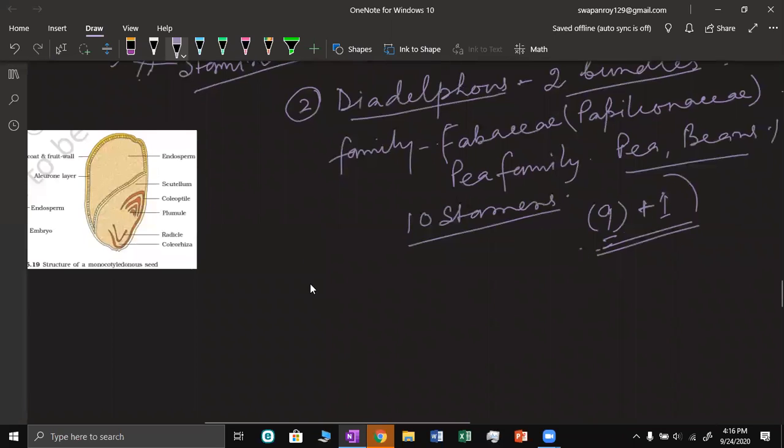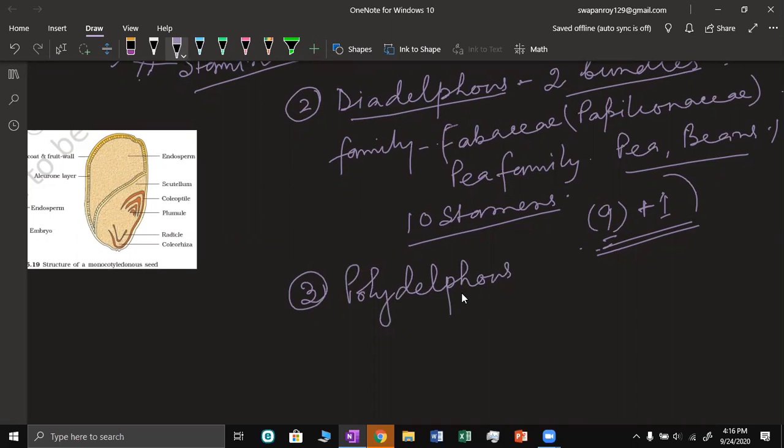And the third type is polyadelphous. In the polyadelphous condition, that is more than two groups, more than two bundles.